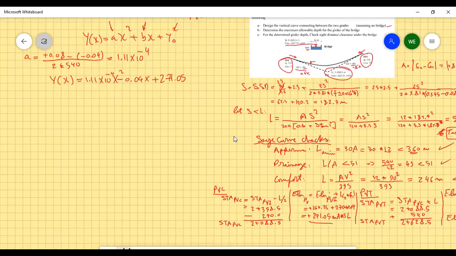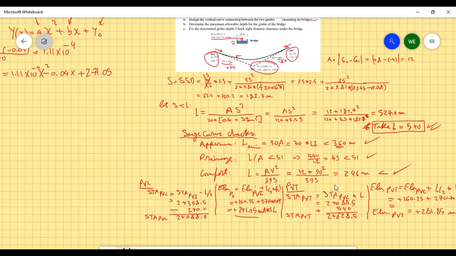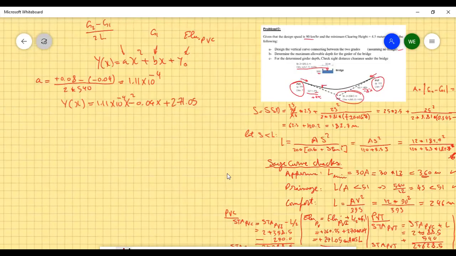Now we want to check if our calculations here were correct. So we will try to substitute in this formula and find the elevation of the BVT. So in this case, if that's BVC, and here is the BVT, x will be the length of the curve. So let's calculate y at 540. That's at the end of the curve.